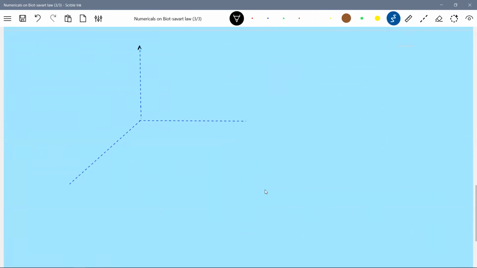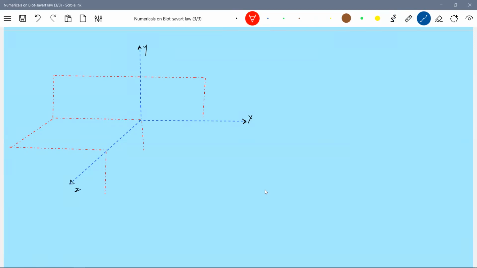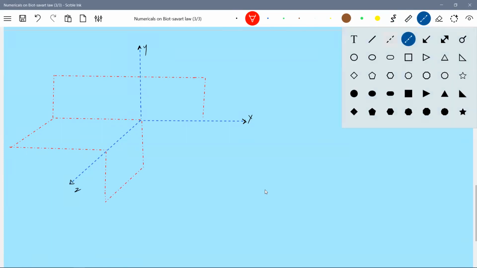This is the y-axis, x-axis, this is z-axis. So let me bring the wire.